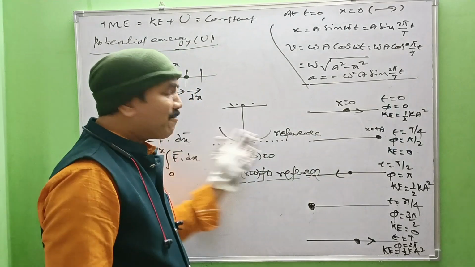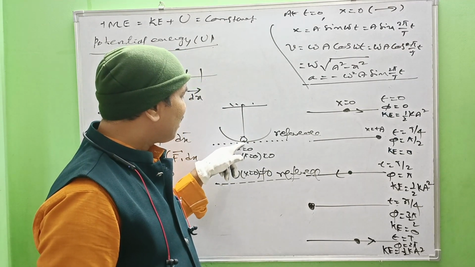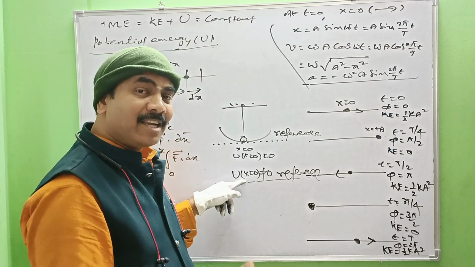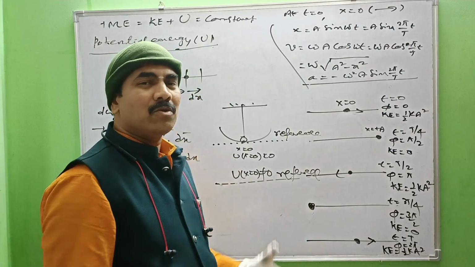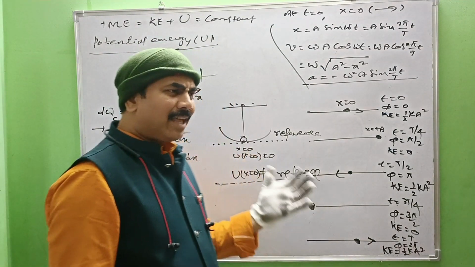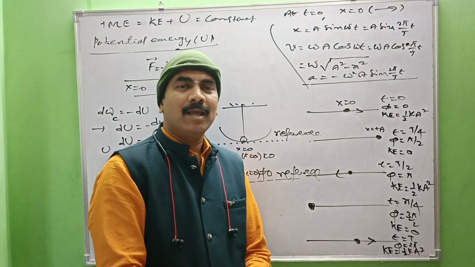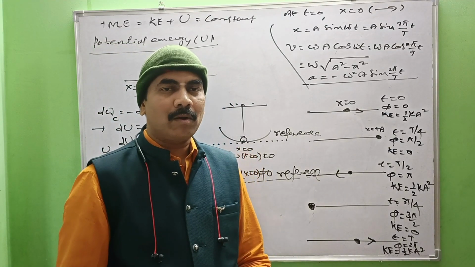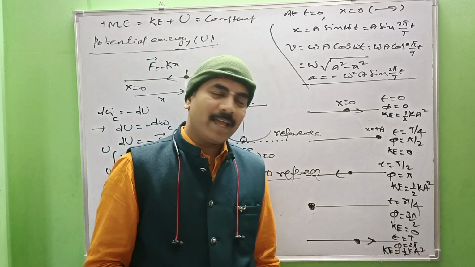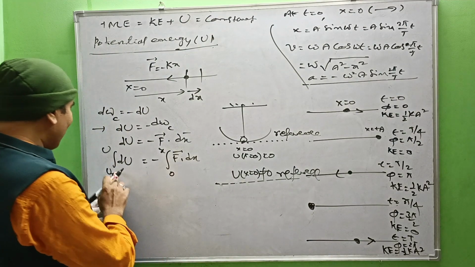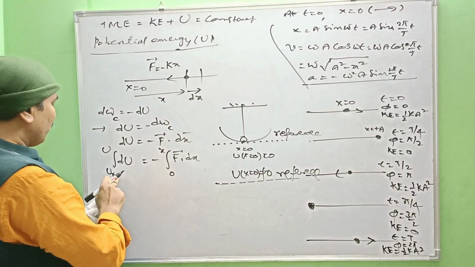For the same oscillator and the same position, here the potential energy at the mean position is 0, but here it is not equal to 0. So the minimum potential energy at the mean position may or may not be 0; it depends upon the choice of reference level. That's why I'm taking the minimum potential energy at the mean position to be U naught.